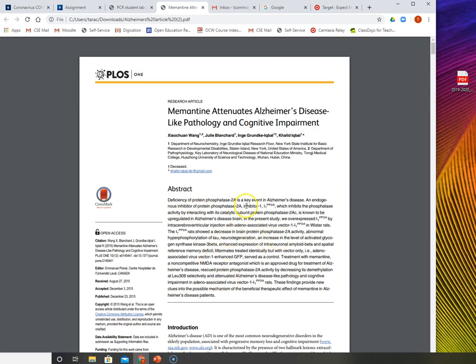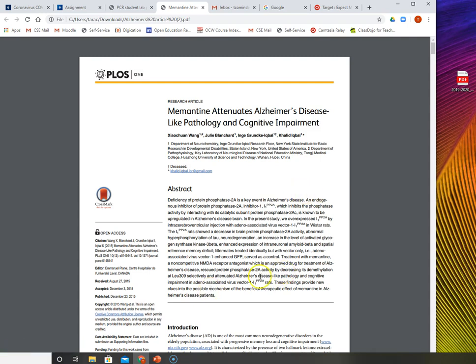The way they model Alzheimer's is by using a viral vector that will affect a gene, right? Gene expression, okay? They inject that viral vector into the brains of these rats, and that leads to an Alzheimer's-like phenotype.